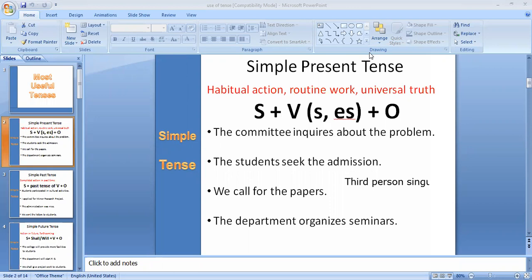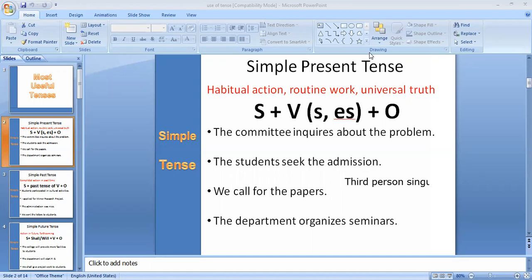We. Good. Verb. Call. Okay. And the object? The papers. And what is for? It is a preposition.